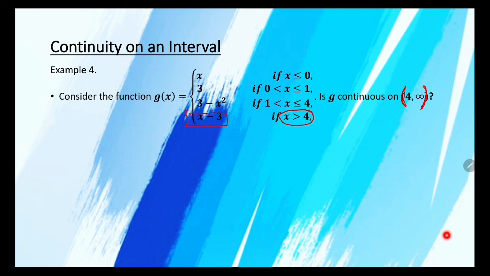Remember our topic last time, continuity at a point: if it is a polynomial function, it follows that our function is continuous. So for this one, g is also continuous on the interval 4 to positive infinity.